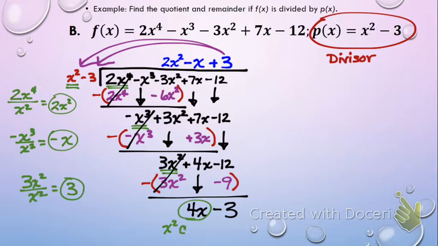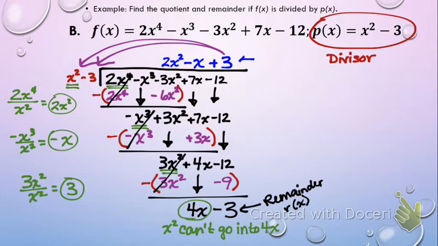X squared can't go into 4x. So this is my remainder. That's r of x. What's up on top is q of x, my quotient.